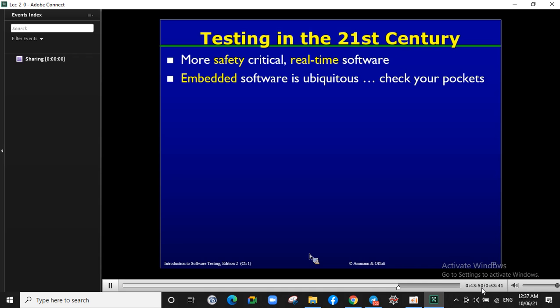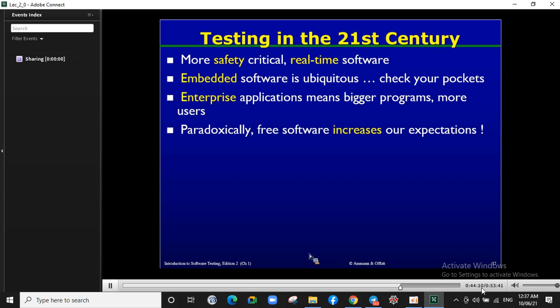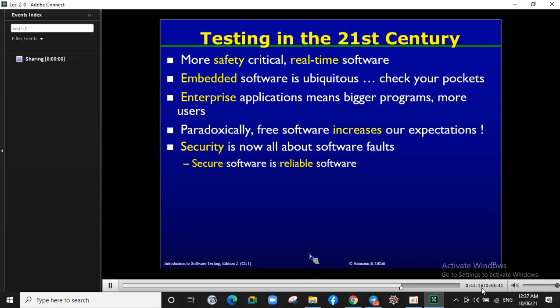So we summarize this talk about the importance of software testing in the 21st century. As we know, there are more safety critical systems in our world, and real-time and embedded software has a unique role in our life. Enterprise applications today are bigger than ever and have more users, and free software increases our expectations from software products.